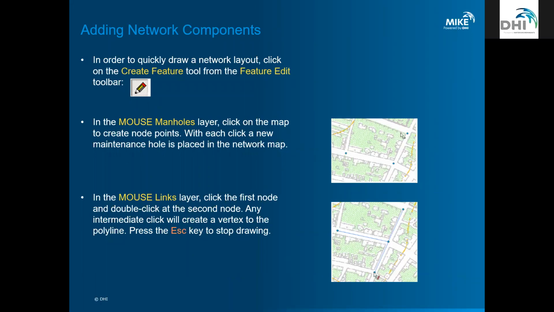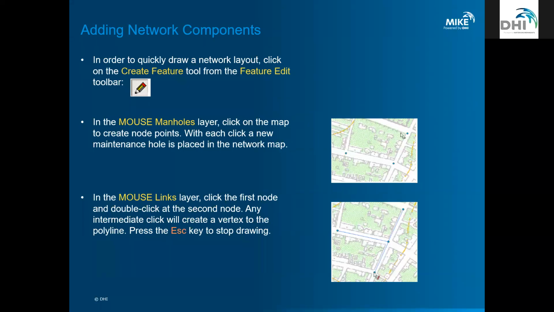For instance, if you're inserting maintenance holes, you'll go to the MOUSE manholes layer and make sure that's shown, and then click this tool, and that'll allow you to draw the manholes in the network. It's pretty straightforward: you just click on the map where you want them. You can move them once they're placed. You just click and it creates a point.